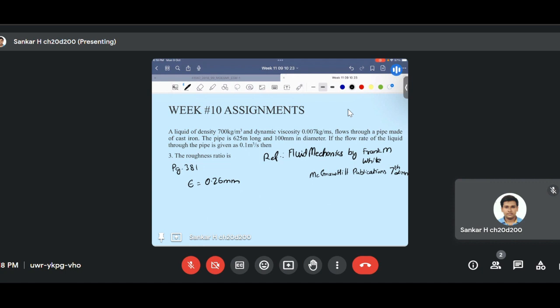So if you go to this page, you will be able to see the roughness will be 0.26.